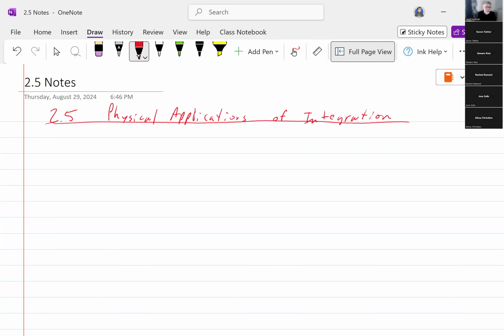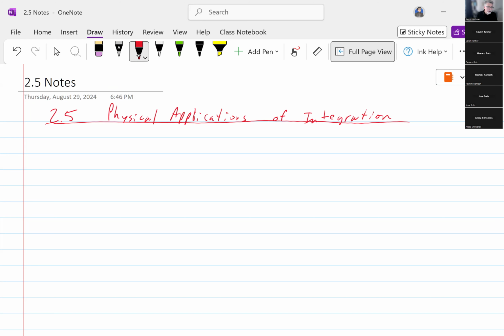And I'll just say a caveat here. This is in no way supposed to be an exhaustive covering of the topic. There are an infinite number of physical applications of integration.